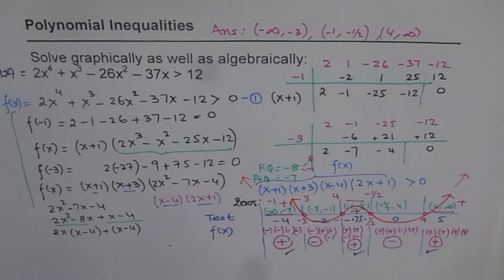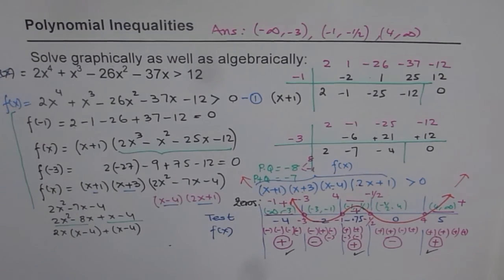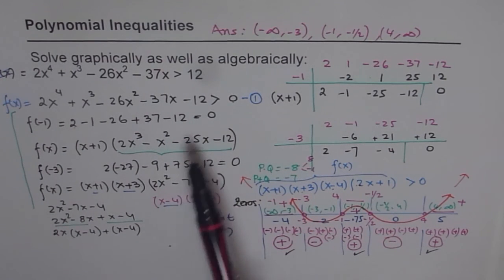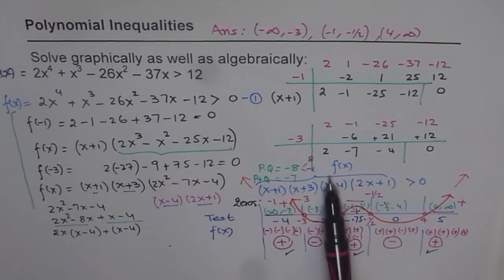I hope you understand and appreciate the process. The idea here is, first step, bring all the terms to the left so that the inequality is with 0. Second step, factor. We took a lot of time to factor, but that is part of the solution. Once you factor, you get the equation in factored form, right? I'm writing that equation as f of x.